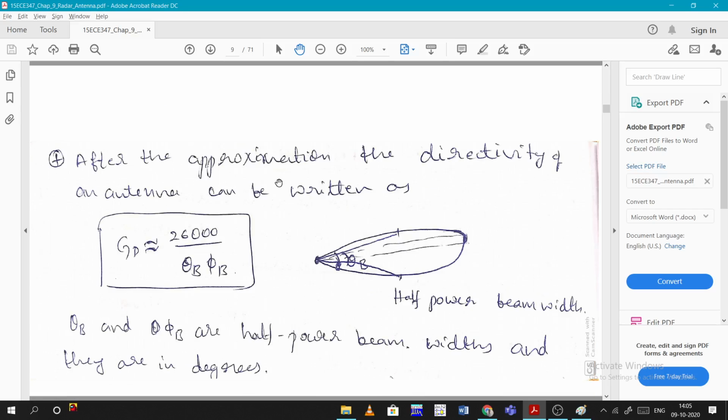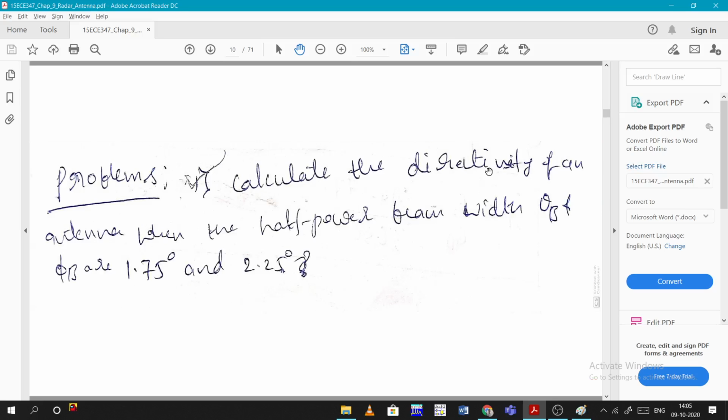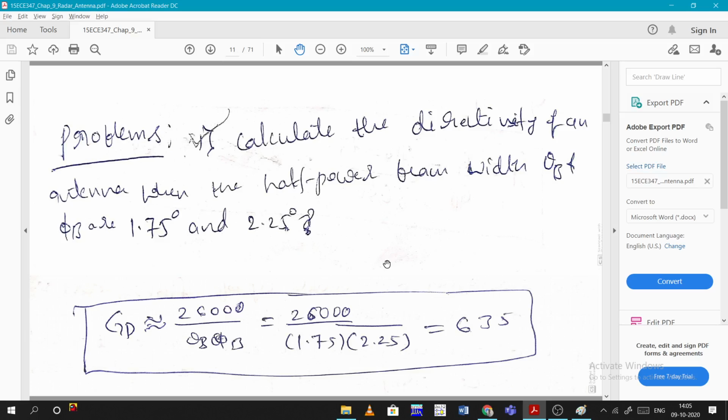Now, after approximating and doing the calculations, we get GD approximately equal to 26000 divided by theta B times phi B. These theta B and phi B are the half power beamwidths, and they are measured in degrees. In the problem, these two half power beamwidth values are given, and you just need to substitute them in that equation and you will get the answer.